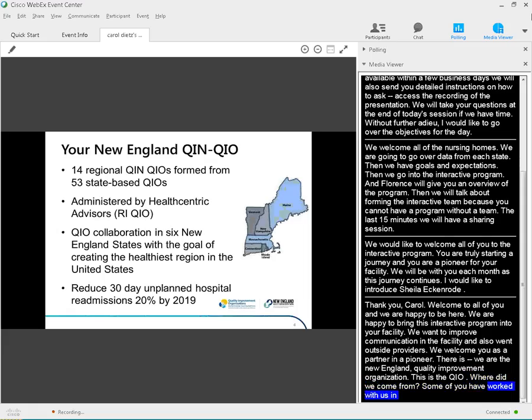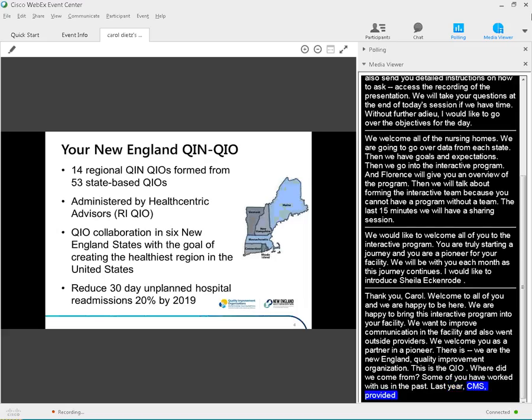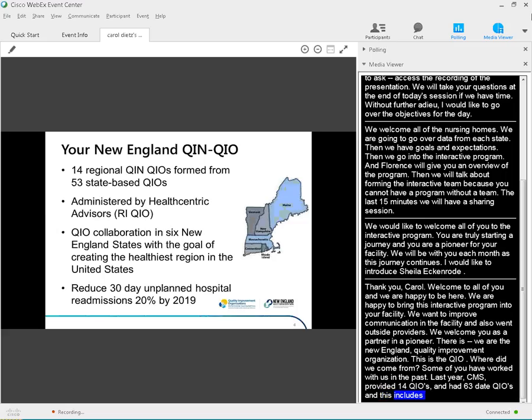Last year, the Centers for Medicare and Medicaid Services, CMS, formed 14 QIN-QIOs from the existing 53 state-based QIOs. That includes Puerto Rico. The goal of this reorganization is to provide economies of scale, prevent duplication of efforts in a geographic region, and to leverage experience and expertise.